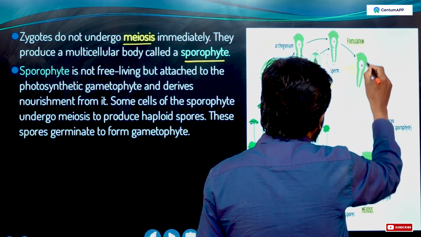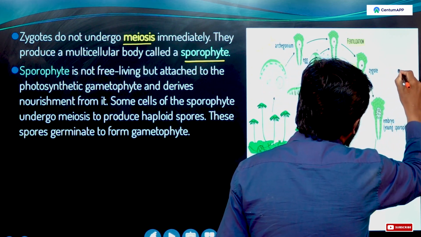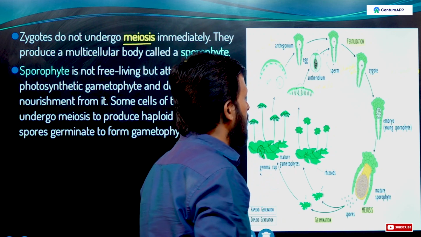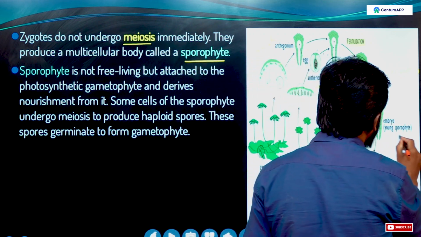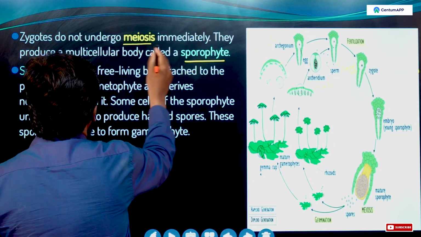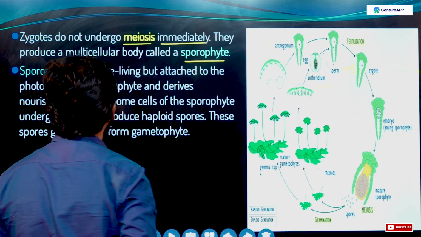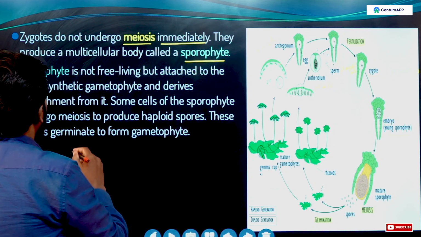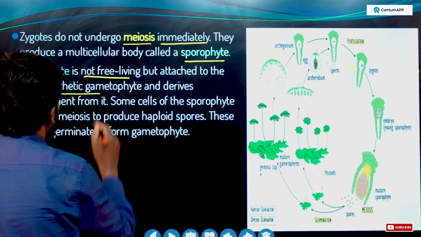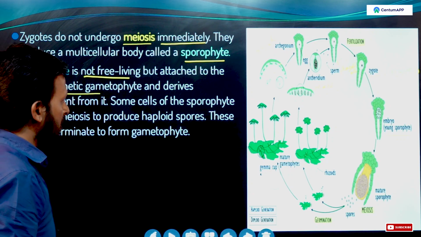After fertilization, a zygote forms and produces the embryo, that is the young sporophyte. This young sporophyte is not freely living; it is attached to the photosynthetic gametophyte and derives nourishment from it.